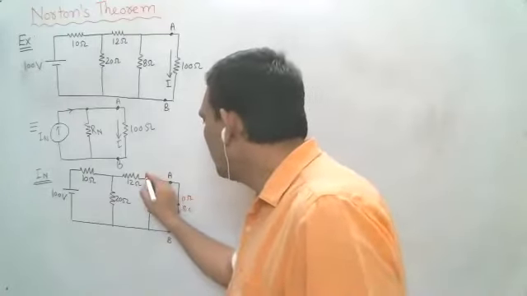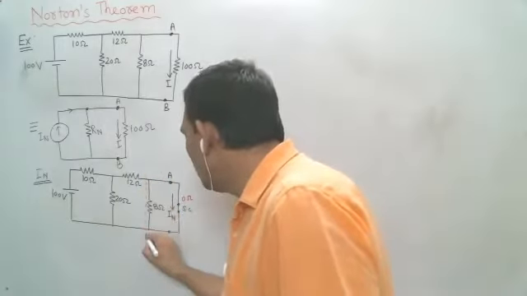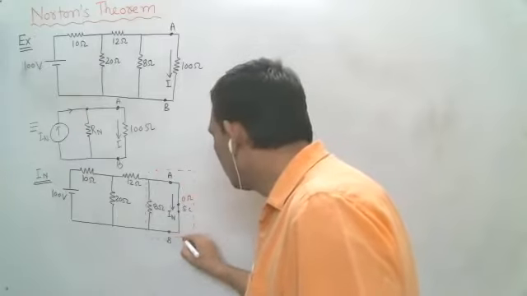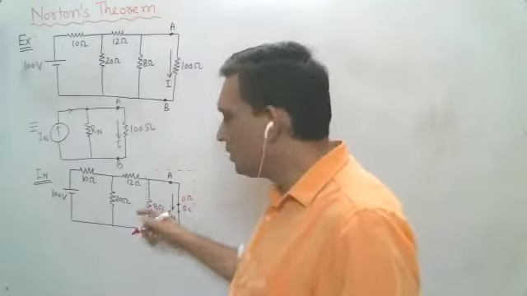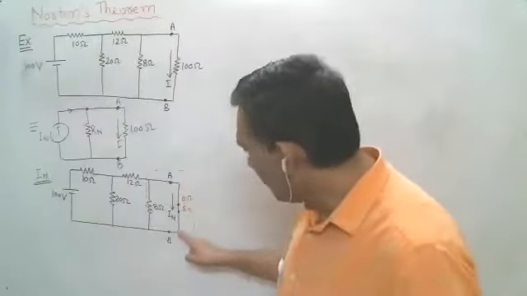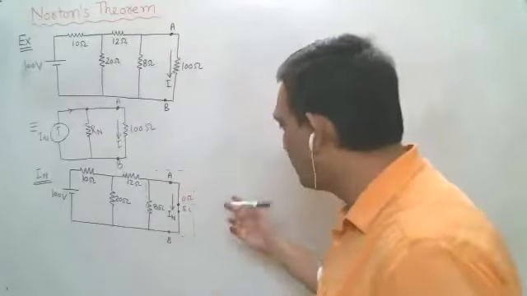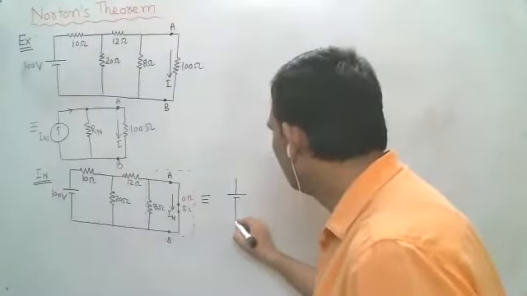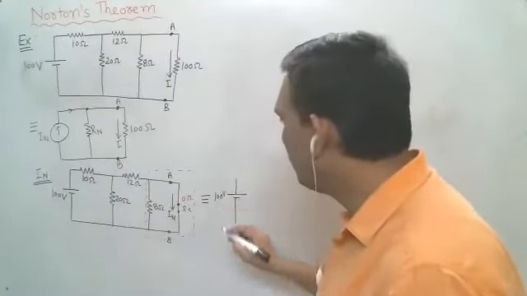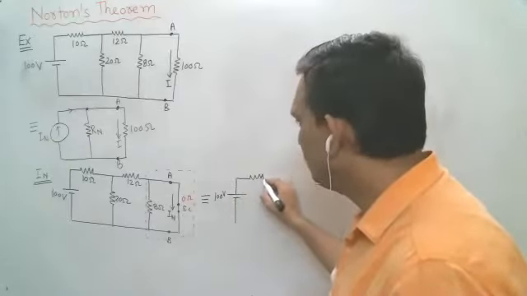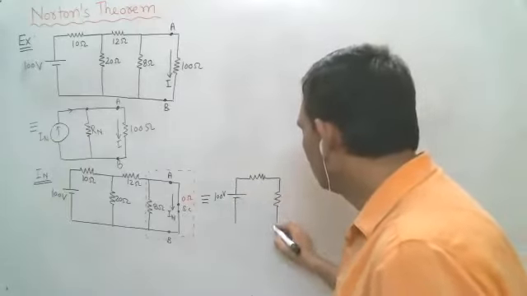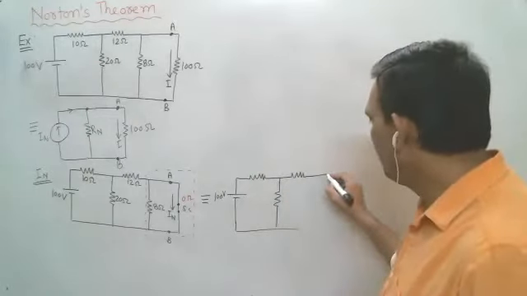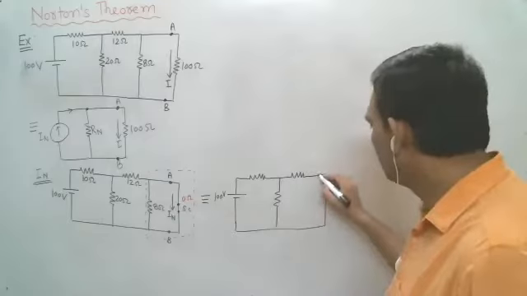So what will be the equivalent of these two resistances, 8 ohm and 0 ohm? What will be 0? 0. So once AB is short circuited, this is also short circuited. So you have to draw its further equivalent. This is 100 volt. This is 12 ohm. Now this is the equivalent.